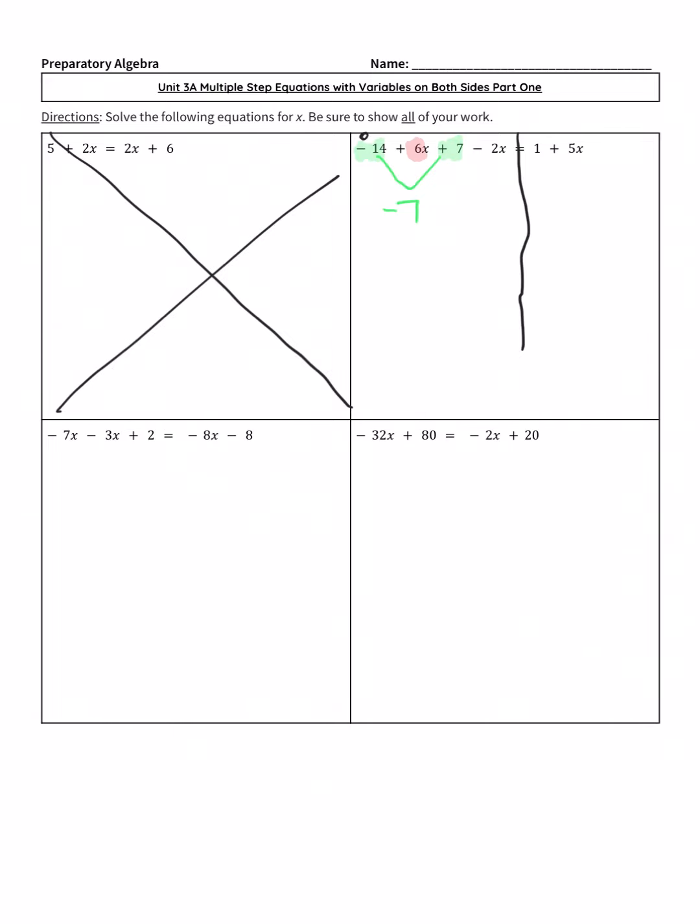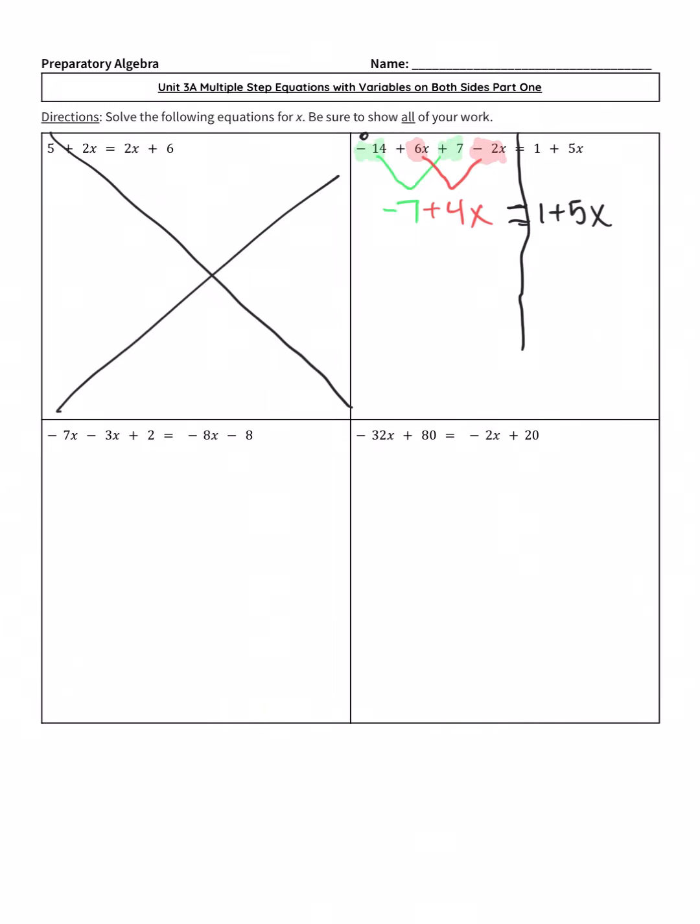A +6x and a -2x combined together equal a +4x. These two are not alike because they do not have the same variable raised to the same power. So I am done combining like terms on this side of the equation. I have not done anything over here, so I need to just write it as it is, 1 + 5x.